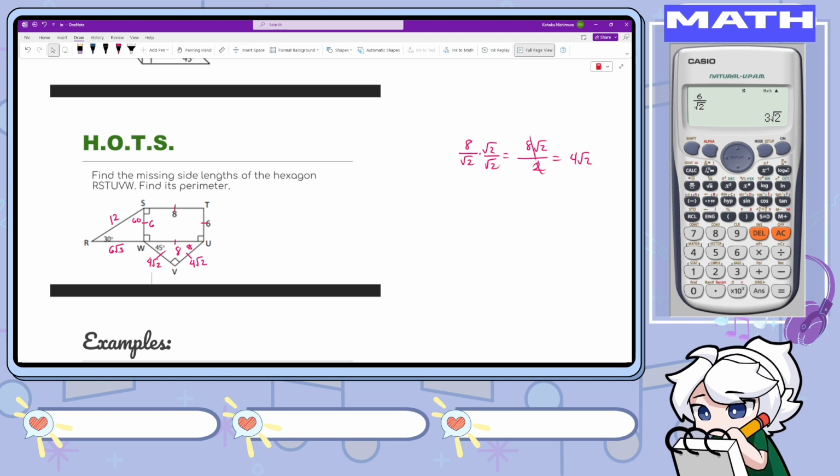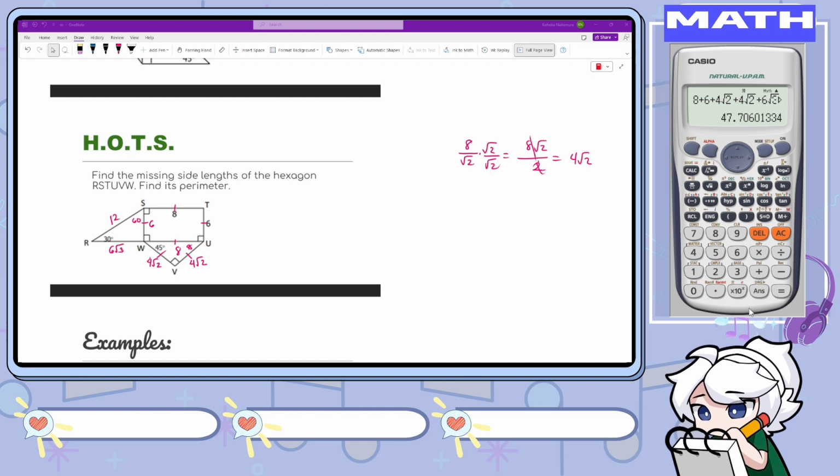You can use your calculator again if you want to solve for the perimeter. The perimeter is just a measure of the outside, or the sides outside of the figure. Let's start with 8, then 6, then 4 square root of 2 plus 4 square root of 2 plus 6 square root of 3 plus 12.